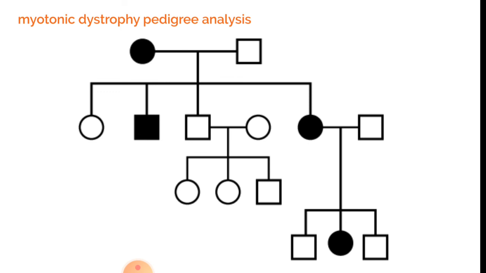So this is the inheritance of a dominant trait, and you see it is being expressed here in every generation, and it is not necessary that it follows a zigzag pattern, but it can be expressed equally both in the males as well as in the females.